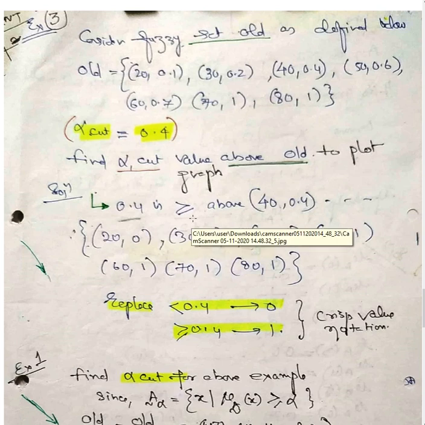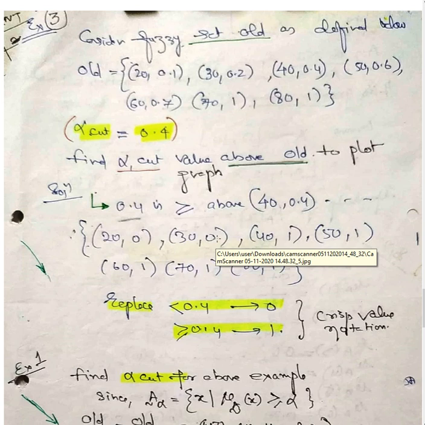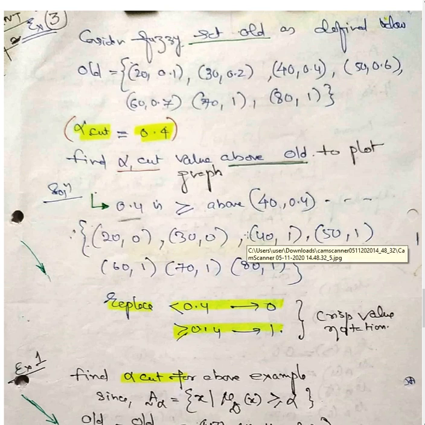Then we will have 20, 0.1; 30, 0.2; 40, 1; 50, 1; 60, 1; 70, 1; and 80, 1.